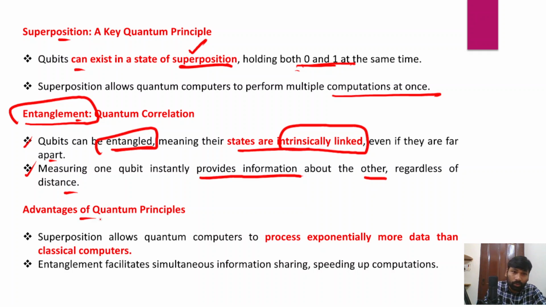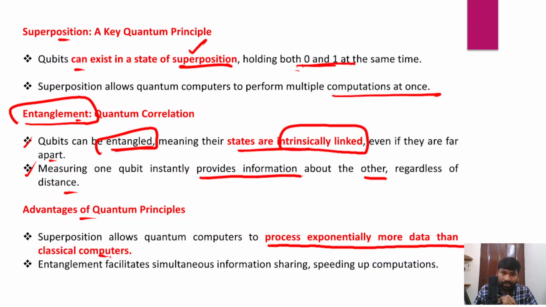However, there are certain advantages of quantum principles, so it is also important to understand the advantages and the limitations of quantum computers, right? So first, when we talk about the advantages, superposition in quantum computers allows them to process exponentially more data than traditional classical computers, right?